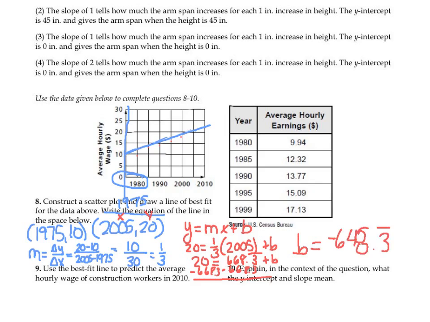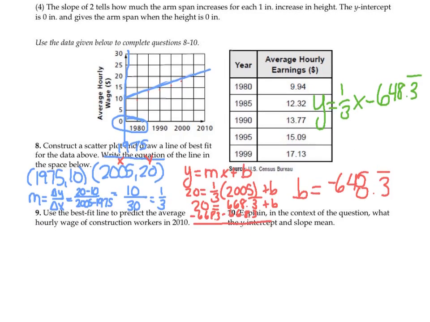So we're going to write our equation here last, and so that's going to be y equals 1/3 x minus 648.3 repeating. Now we can use that line to best predict the average in 2010.